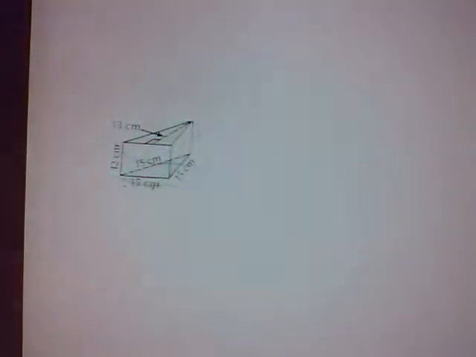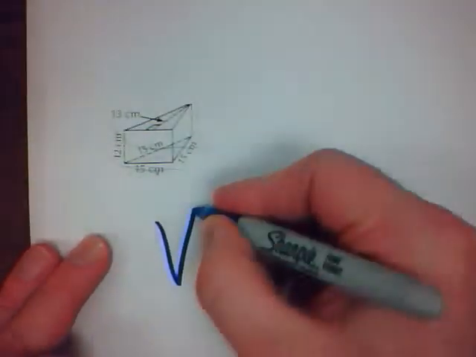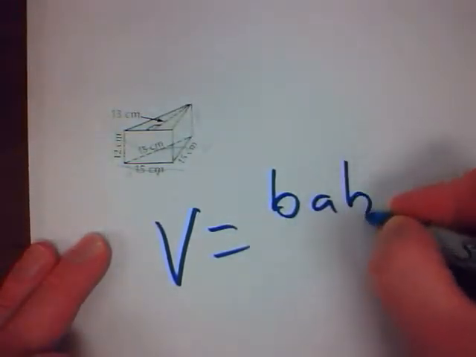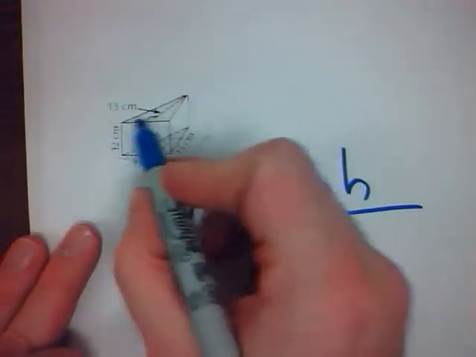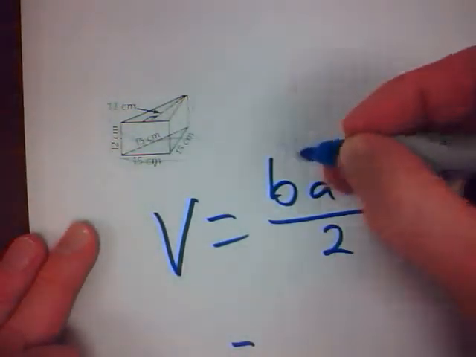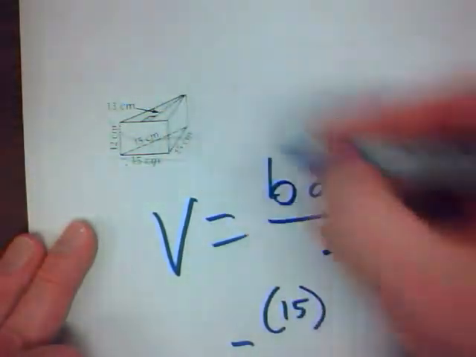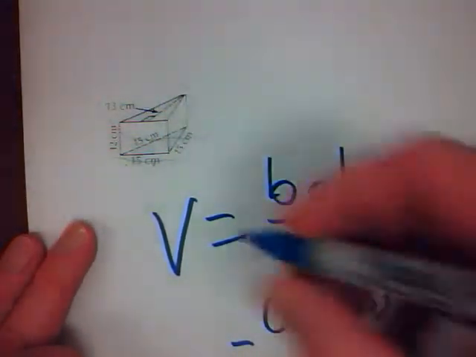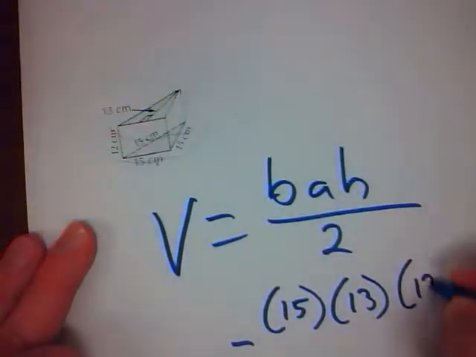If I were to calculate this one using one of my formulas, the base of the triangle, because remember this piece is from the triangle part, the base of the triangle is 15. The altitude of the triangle is 13. The height of the prism is 12.